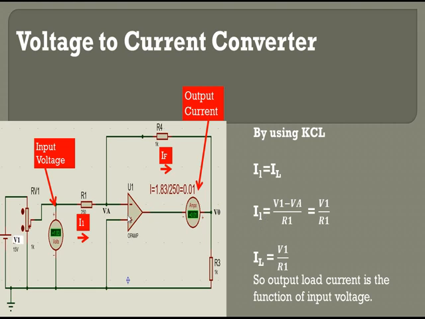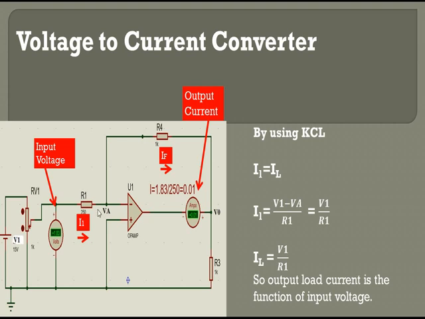By using Ohm's law, you can find I1 is equal to, from this point to this point, voltage V1 minus VA divided by resistance R1, equal to V1 upon R1, because VA is 0 because of the virtual ground concept.